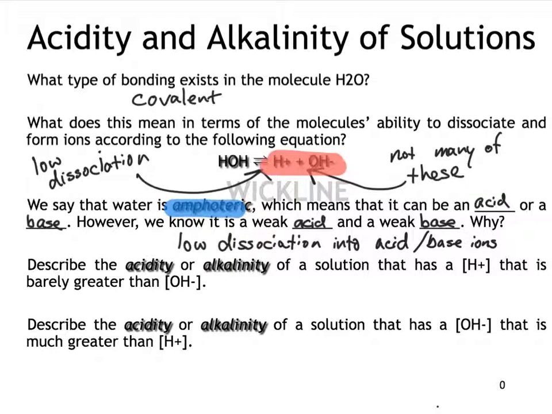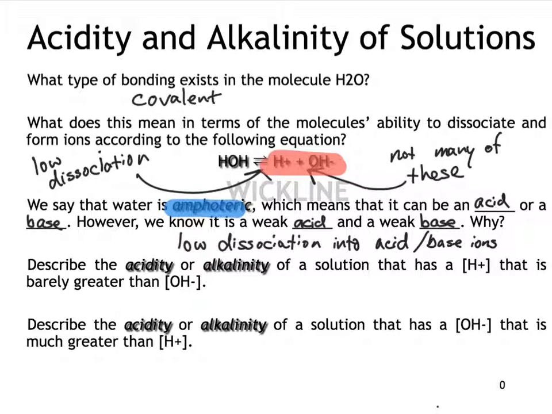So we can follow that idea a little bit further when I ask you the question, describe the acidity or alkalinity of a solution that has a concentration of hydrogen that is barely greater than the concentration of hydroxide. So, at least in this scenario with water, the number of hydrogen and hydroxide ions would have to be equal, meaning each water molecule as it dissociates would produce one H and one OH.